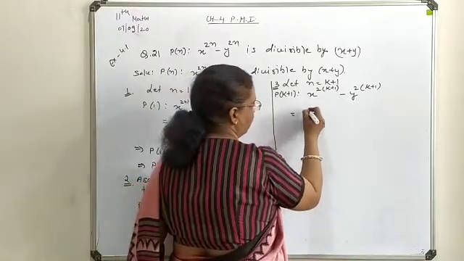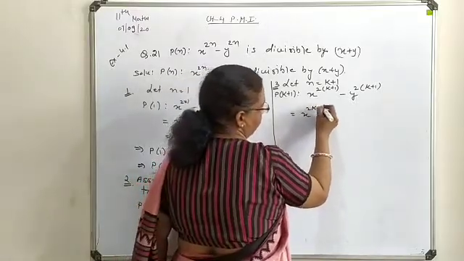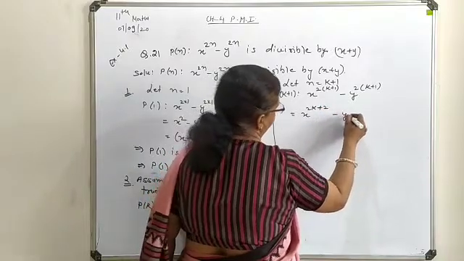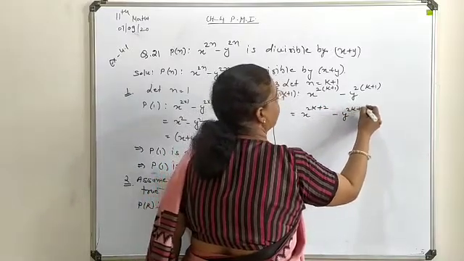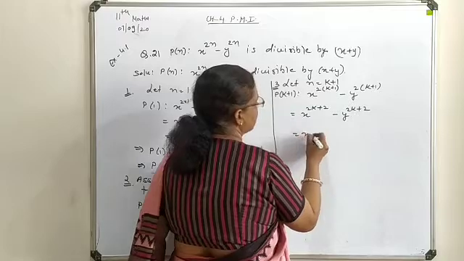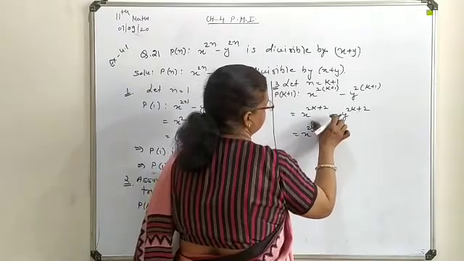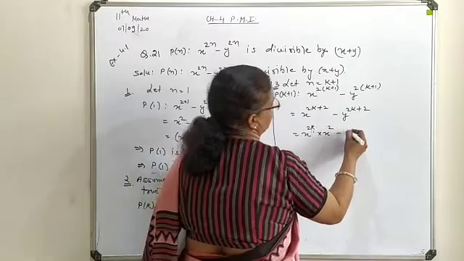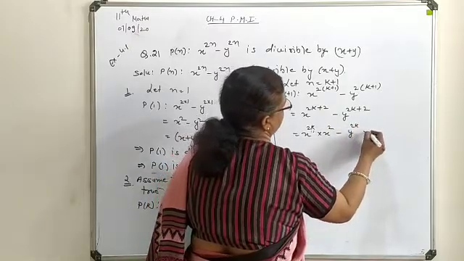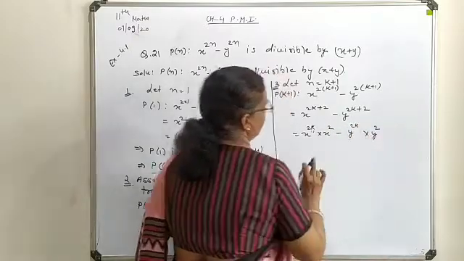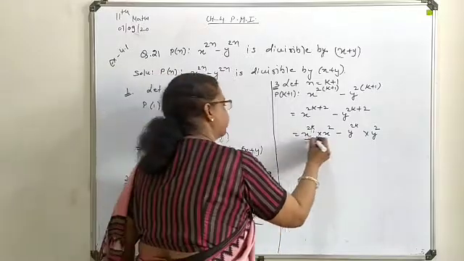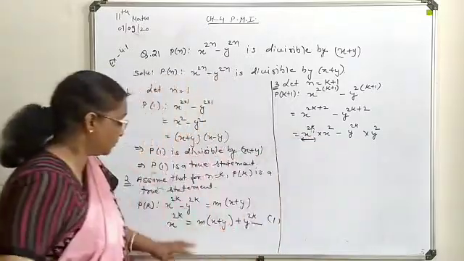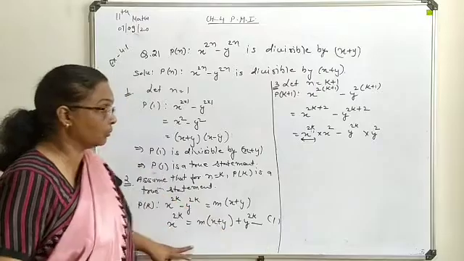That will be x power 2k plus 2 minus y power 2k plus 2. Make them separate. Now here this x power 2k we will replace by this whole expression.